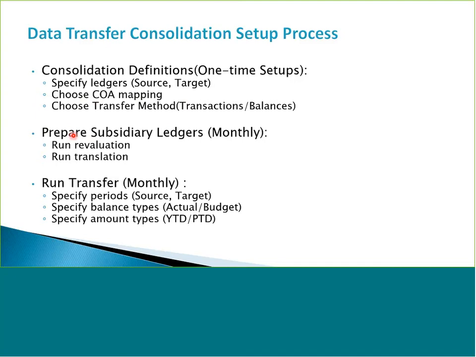So we need to prepare the subsidiary ledgers. Okay, what does that mean? Like I have said, the 3 C's can differ. Okay, so for example, if the subsidiary ledger is in Kenya shillings and the parent ledger is in US dollars, you have to harmonize those currencies. And how do you do that? First, you can do translation. Okay, and if you have foreign currency transactions that are still open, you have to do revaluation.